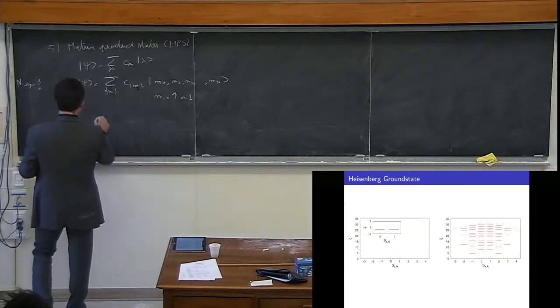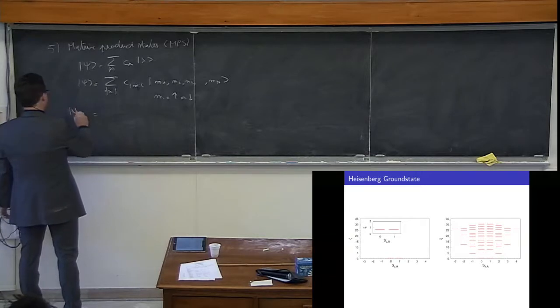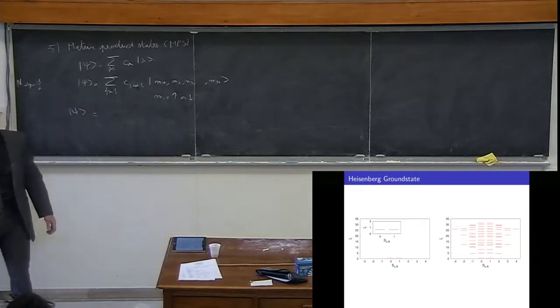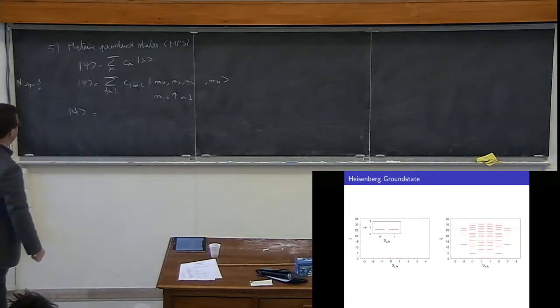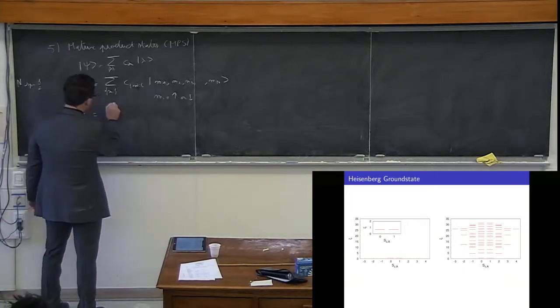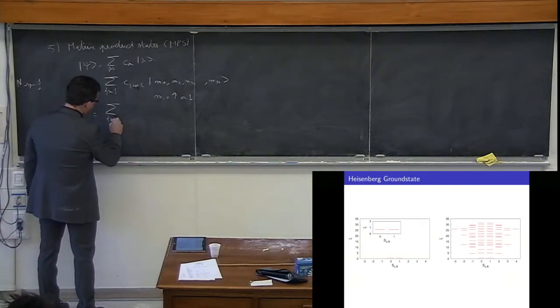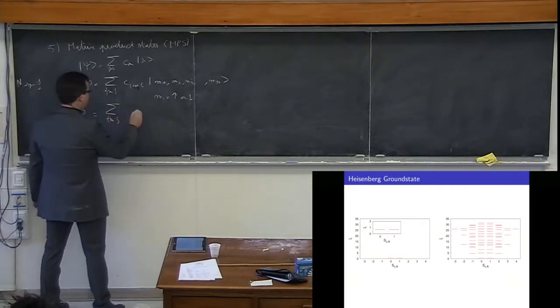So now imagine you're a pervert, and you can rewrite these coefficients in a very nasty way.